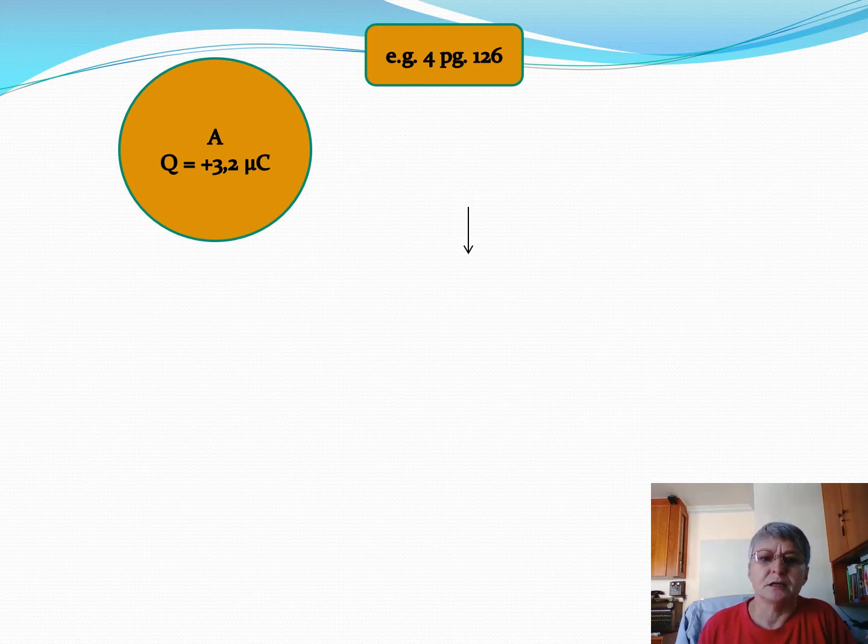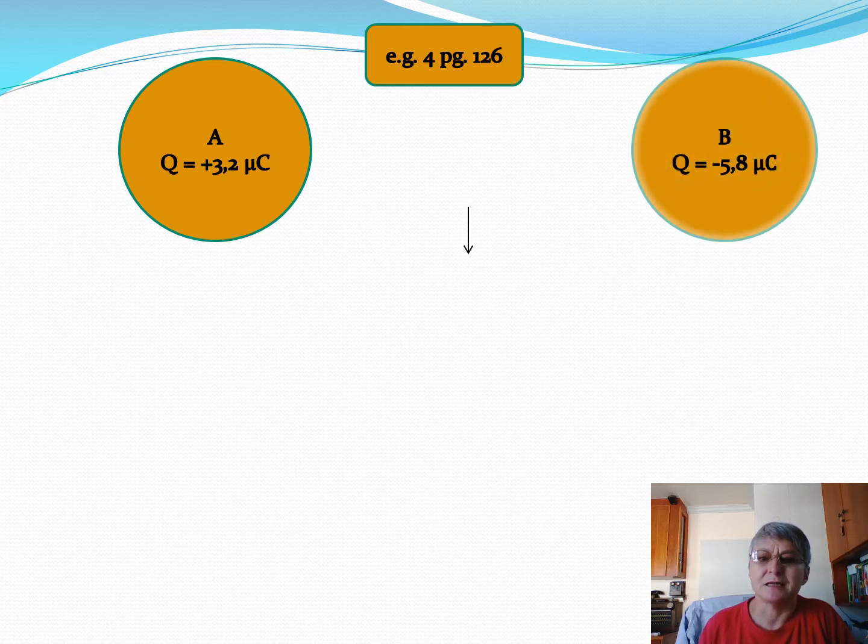So charge A has a plus 3.2 microcoulomb charge. Charge B has a minus 5.8 microcoulomb charge. So from which one will electrons be transferred? I can see that on B there is an excess of electrons, and on A there is a shortage of electrons.